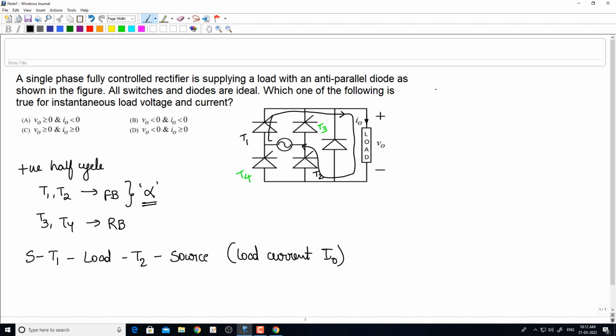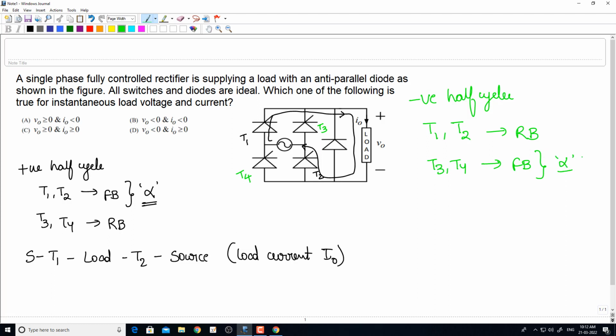Similarly, in the negative half cycle, T1, T2 are reverse biased and T3, T4 are forward biased. So, we need to give firing angle to the thyristors at an angle alpha.